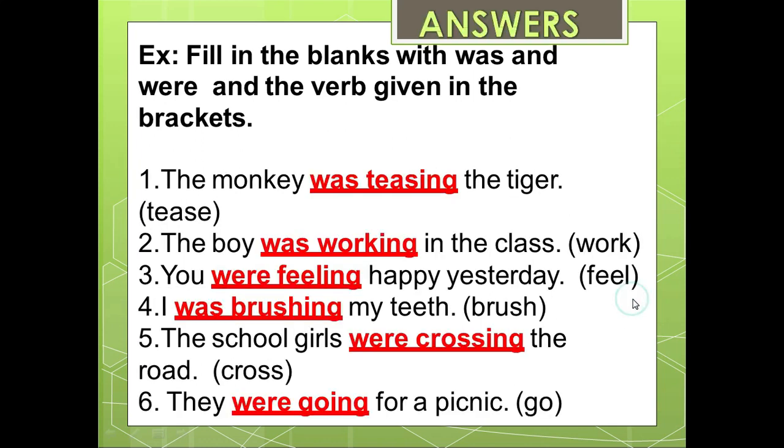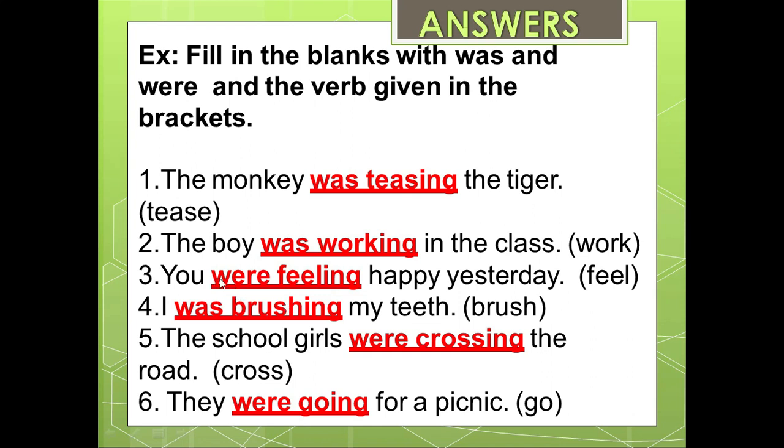Okay, now let's check the answers. The monkey was teasing the tiger. Instead of tease, we have used ing with the verb, and monkey is singular, so we have used was. The boy was working in the class. Instead of work, it will be working, and the boy is singular, so we have to use was. You were feeling happy yesterday.